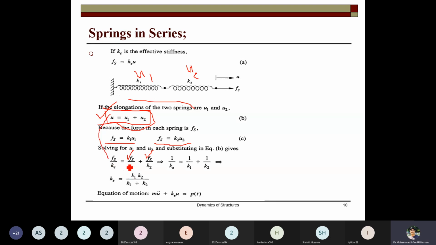Because Fs is the constant force which is acting at the end, the equivalent stiffness in this case will be not the sum of that but the sum of the inverse of the stiffnesses. 1 over Ke is equal to 1 over K1 plus 1 over K2. In this way, you can compute the equivalent stiffness.